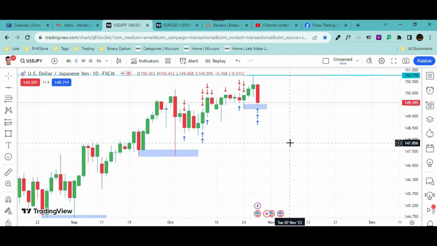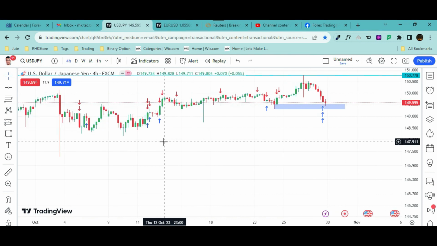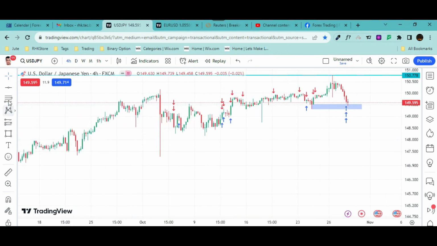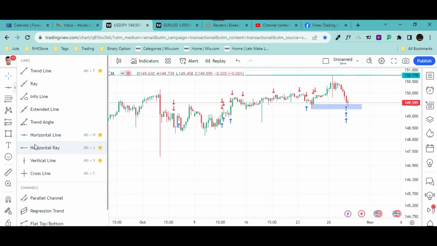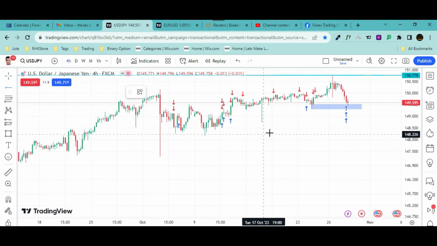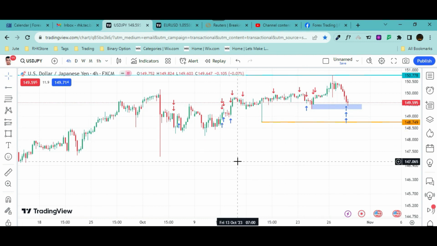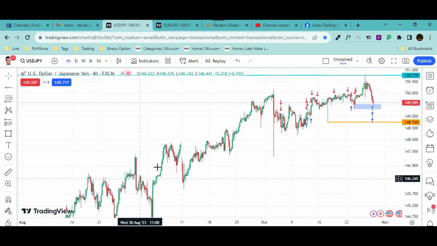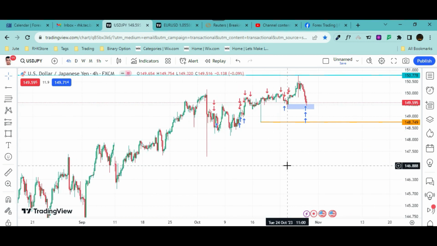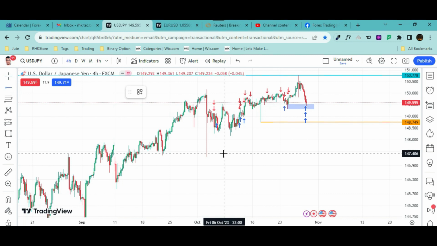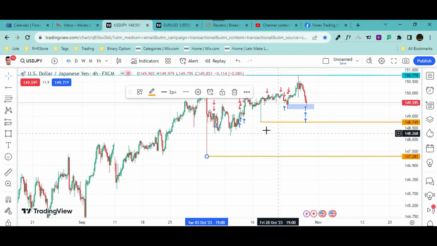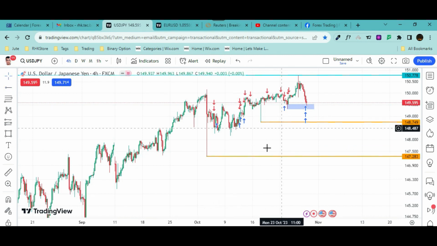But to be on the safe side, on the 4 hour chart, if we analyze, we can think that this will be the place where we should take the trade, as this will be a change of character of the whole market structure. Of course, it is an upward change, and this will be the break of structure in 4 hours. To be on the safe side, it is better to take the trade after this one.